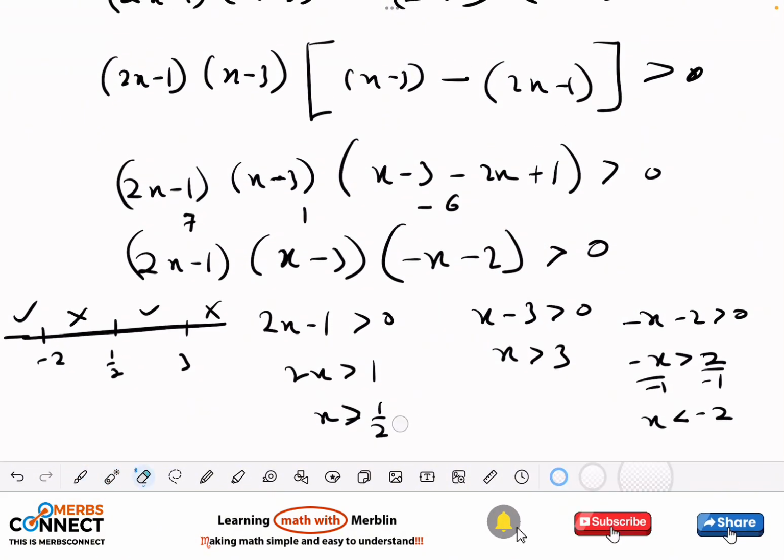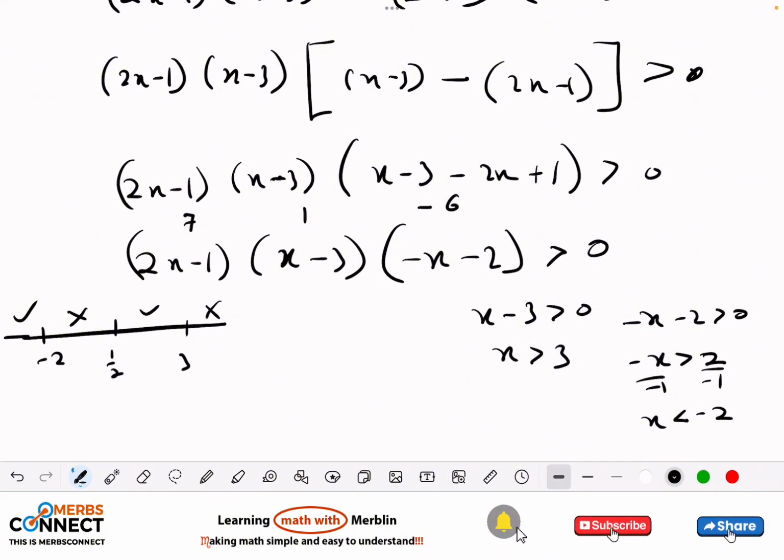So it means that our interval is just moving from negative infinity to negative 2, and from 1 over 2 to 3, which is very nice.